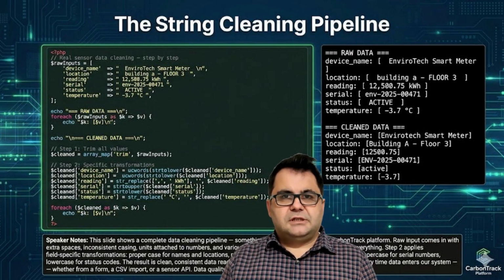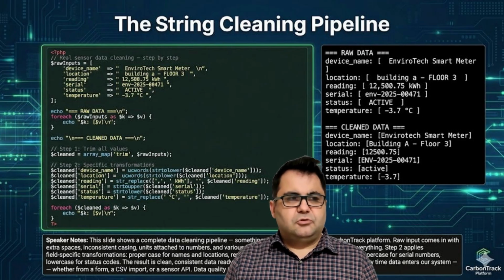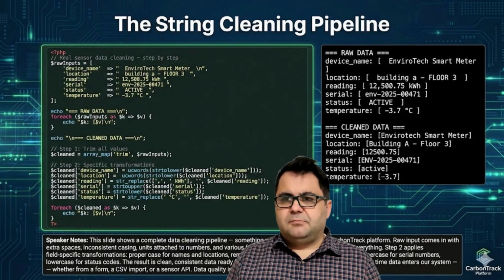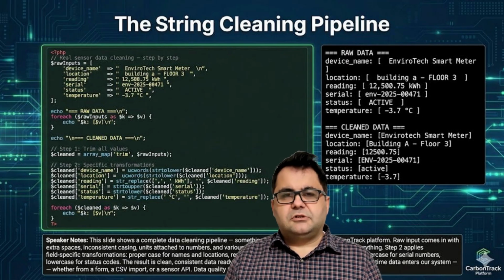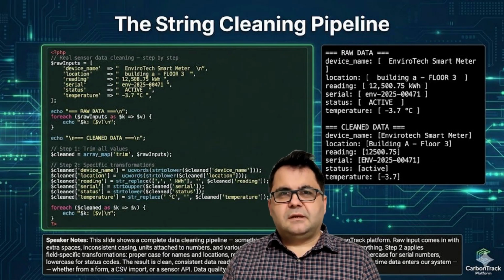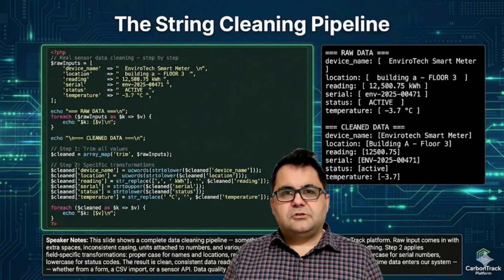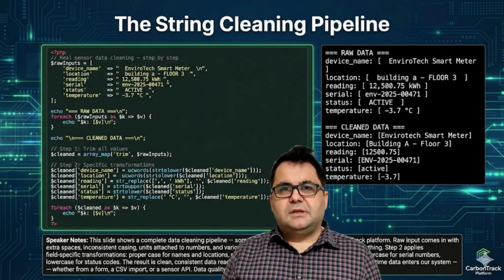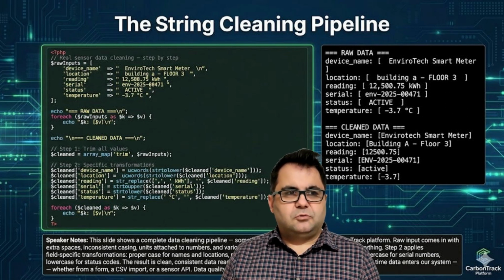The result is clean, consistent data, ready for storage and calculation. This pipeline runs every time data enters our system, whether from a form, a CSV import, or a sensor API. Data quality is the foundation of accurate emission reporting.